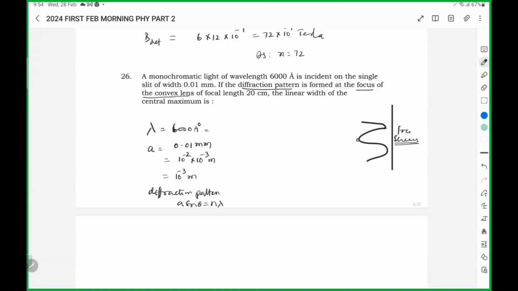From here to here, that is capital D, which is 20 centimeters. So brightness will be spread over this region between first minima on either side of the center line.